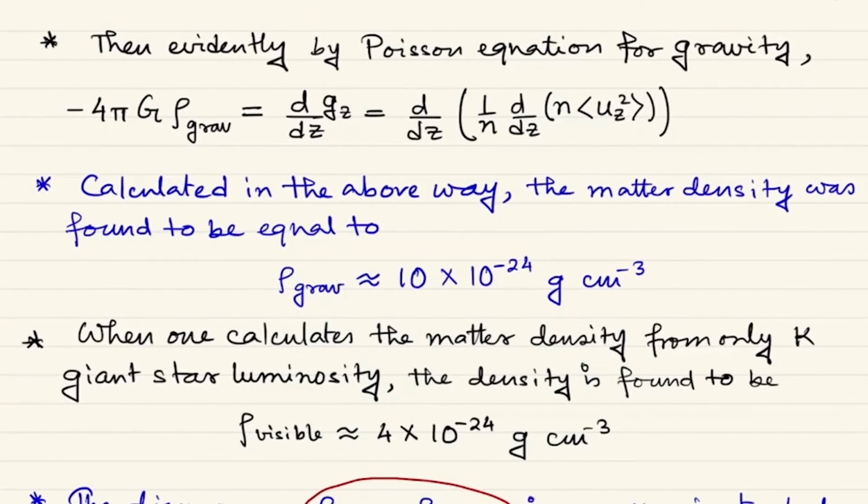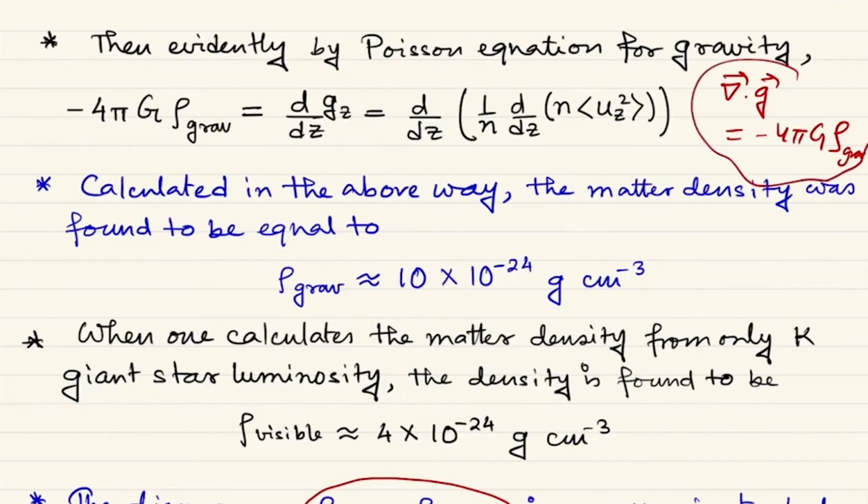So finally, you will see that from Poisson's equation for gravity, which I expect that all of you know, that is nothing but, in vectorial form, once again I can write it, divergence of g equal to minus 4 pi G rho, and this is the rho of the total mass which is responsible for creating the gravitational field.